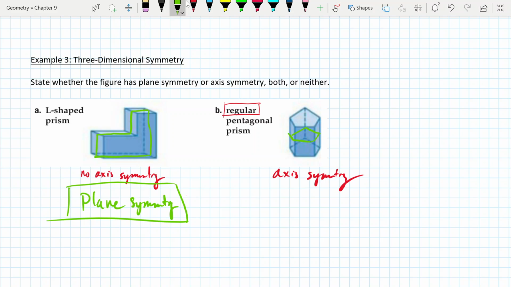It just makes two regular pentagonal prisms on the top and the bottom. And if you cut it in the exact middle, they should be all the same length. So this one has plane symmetry as well. So I would say this has both symmetries.